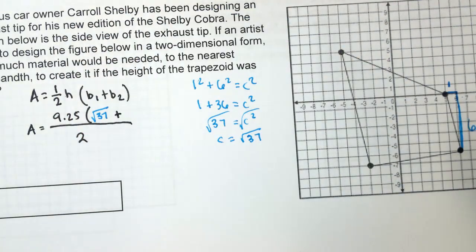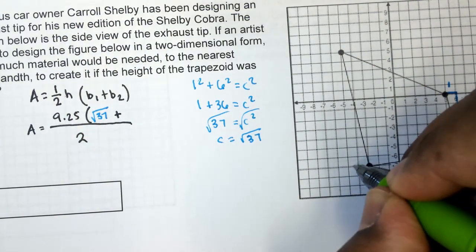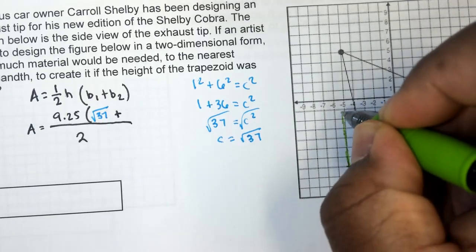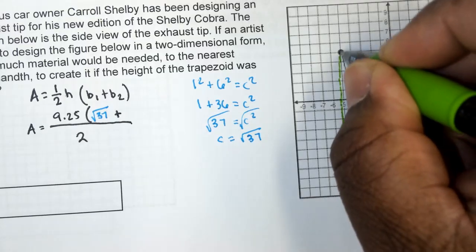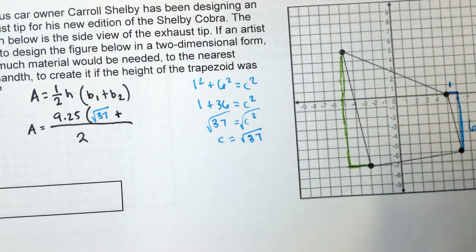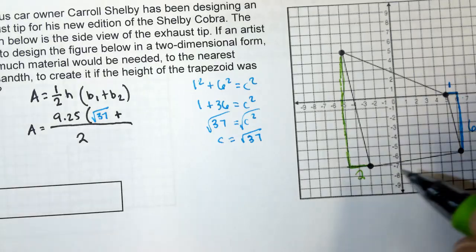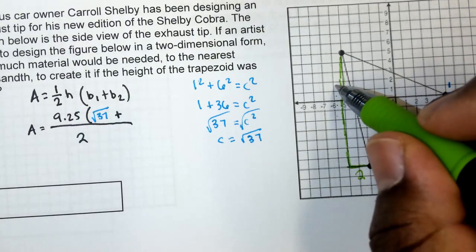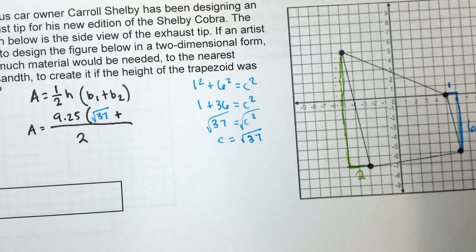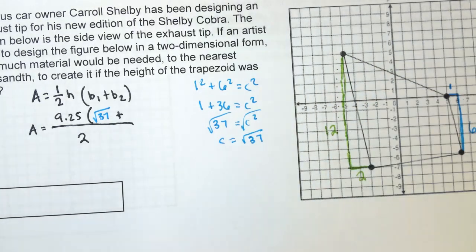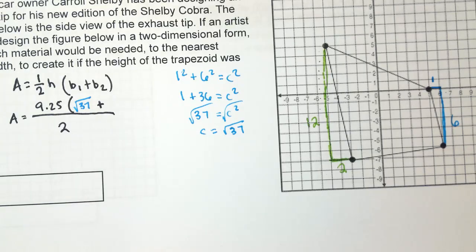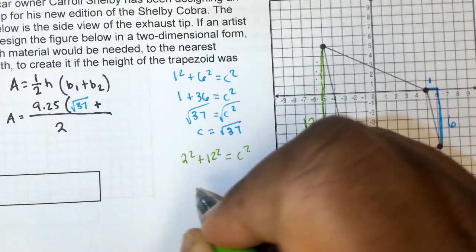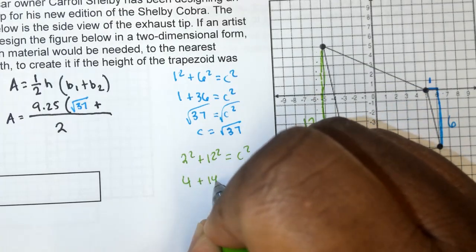My other base is gonna be this one over here. Here to here. This is 2, and this is 1, 2, 3, 4, 5, 6, 7, 8, 9, 10, 11, 12. 2 and 12. 2 squared plus 12 squared equals c squared. 2 squared is 4. 12 squared is 144.